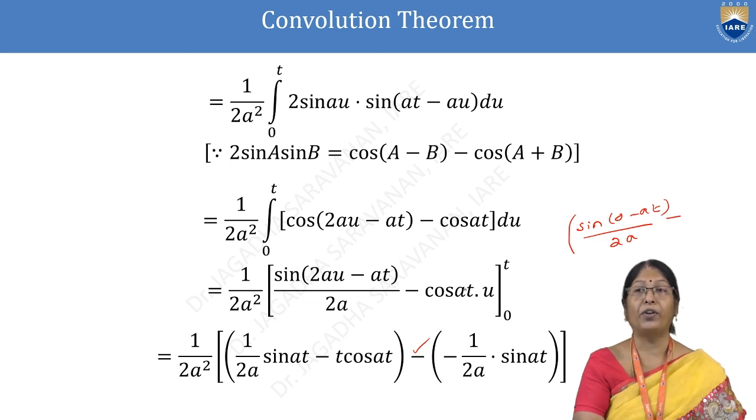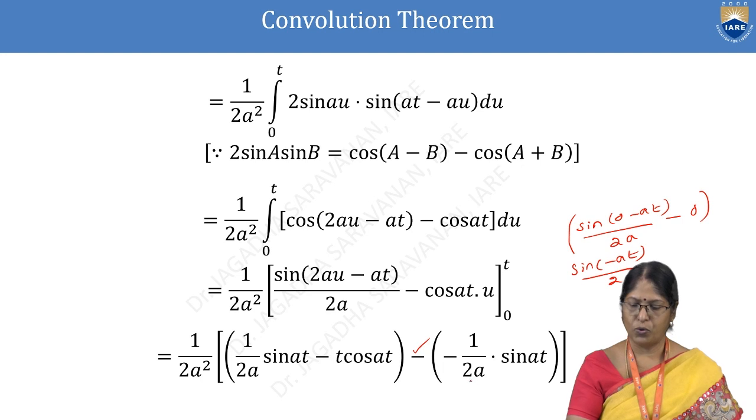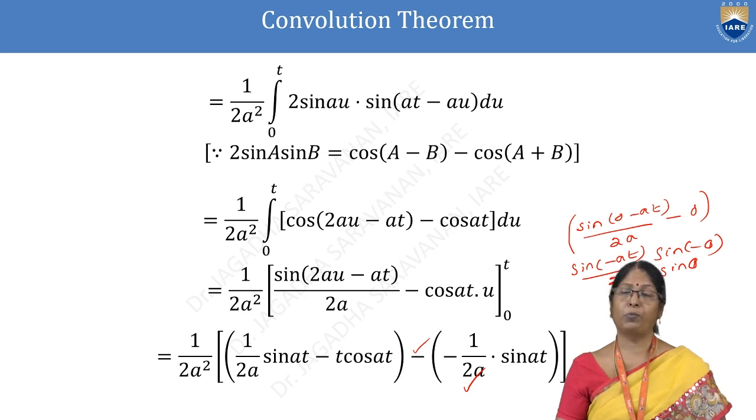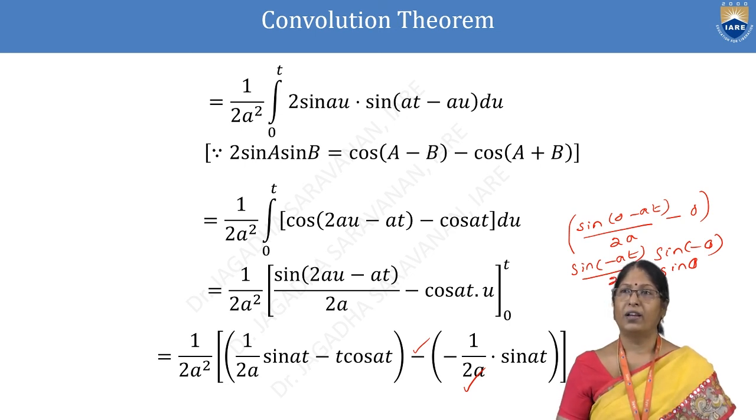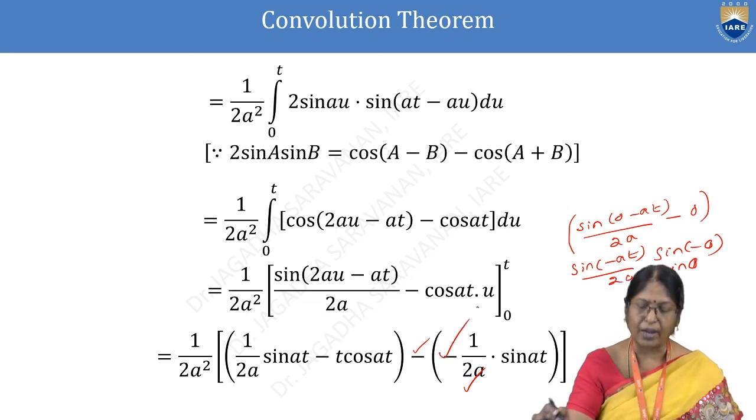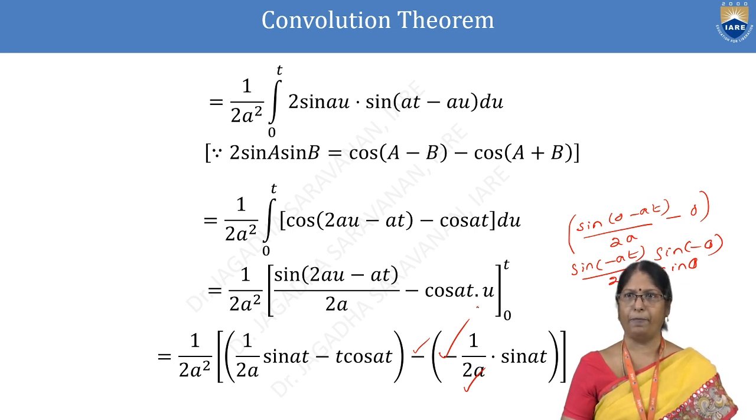This part is 0 into anything, 0. Here sine of minus at by 2a. Here sine of minus theta is nothing but minus sine theta. In trigonometric formulas, we have to be very, very careful. Sine of minus theta is nothing but minus sine theta. Due to that, this sign is playing a role here.